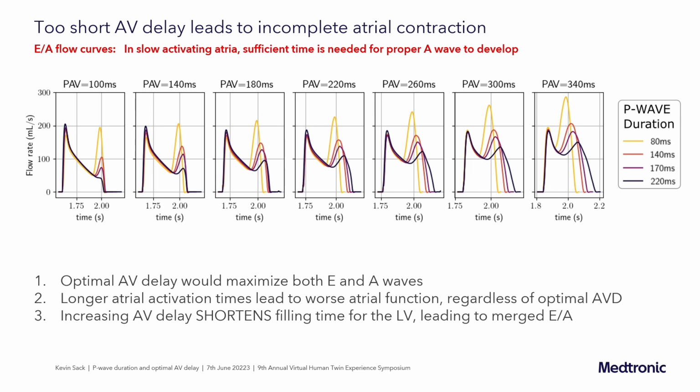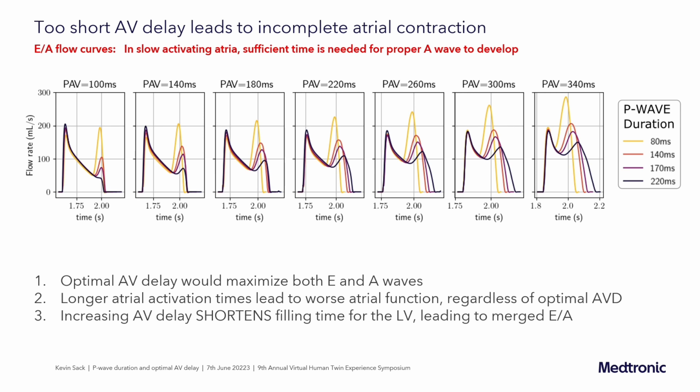And what we have, when you take a look at this model, with the black line being the slowest activation curve, is that a PAV of 100 milliseconds AV delay is too short to even develop that A wave. Right? You need to have some time in PAV with P wave duration for a sufficient A wave to develop.